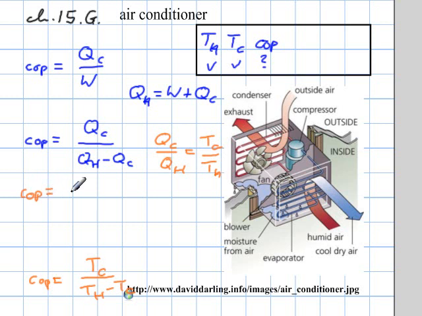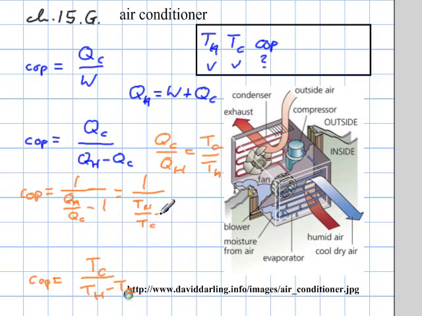But when I really do the algebra, then this is what happens. COP equals, for example, I can divide all of this here by QC, and then I'm going to have 1 divided by QH over QC. As long as I divide both the numerator and the denominator by the same number, I haven't changed anything. Now here I can plug in that TH over TC.